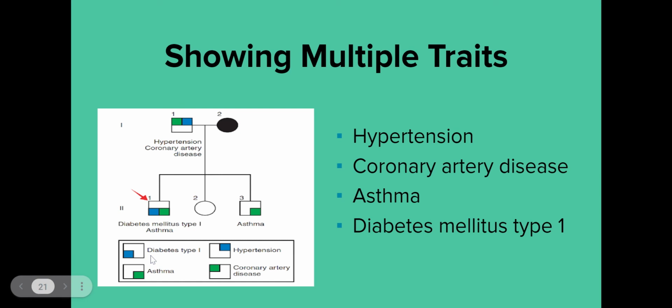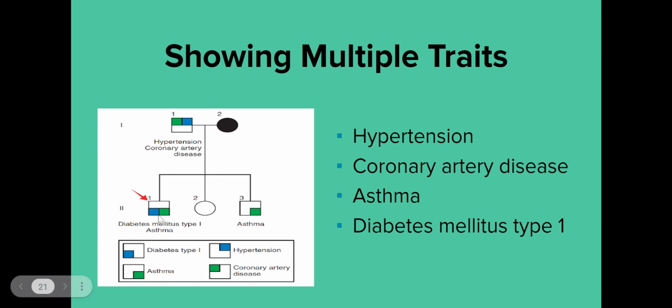Diabetes type 1 is left lower corner, asthma, right lower corner, hypertension, upper right, coronary artery disease, upper left. So the father in this couple in generation 1 had a history of hypertension and coronary artery disease. Mother had von Willebrand's.